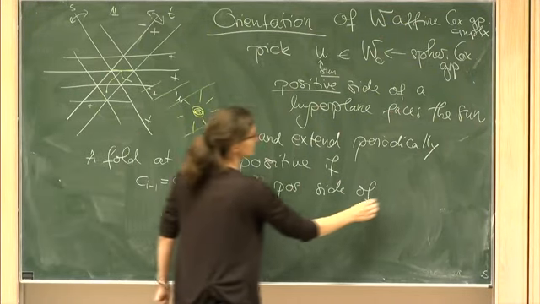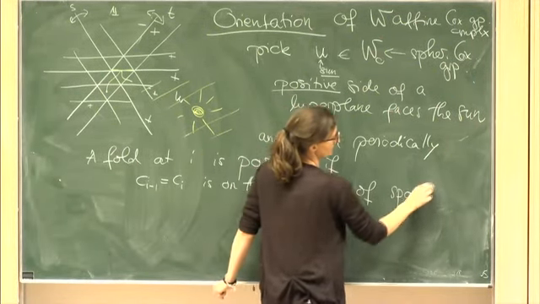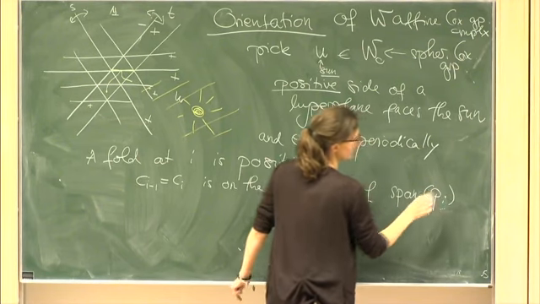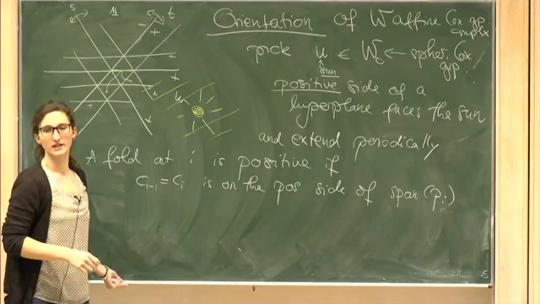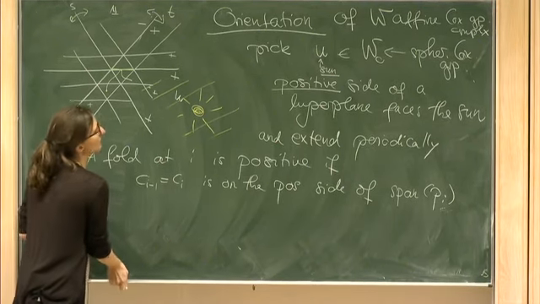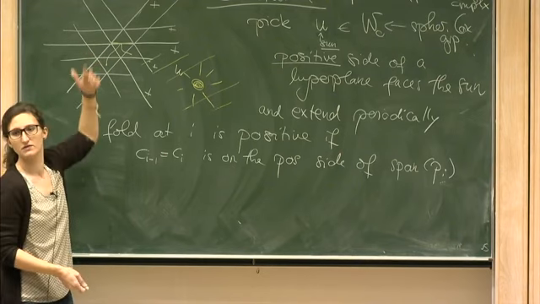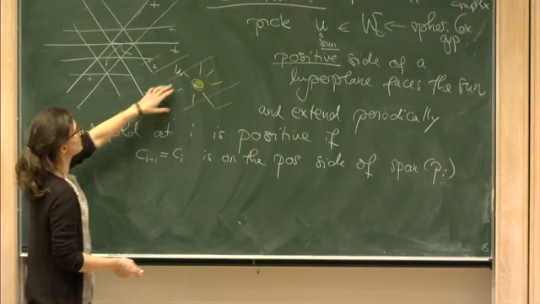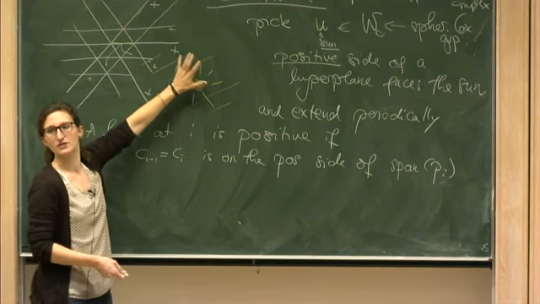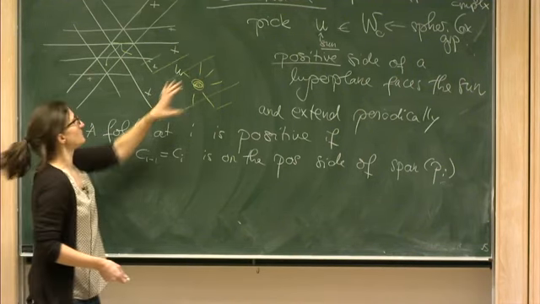And the hyperplane you're folding at is the span of P_i. Okay? So now for each fold in the gallery you can decide whether or not it's positive or negative, given a fixed position of your sun. And it really depends on the sun.